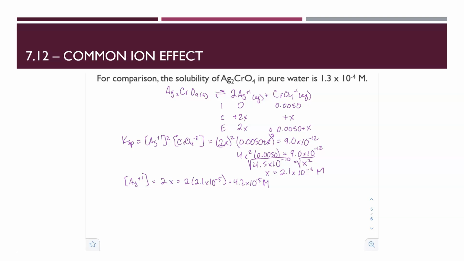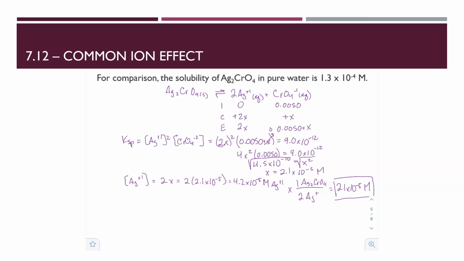And then my ratio of silver to silver chromate, so this is silver ion, and we know that there are 2 silver ions for every 1 silver chromate. So then I end up back at 2.1 times 10 to the negative fifth molar for my concentration of silver chromate. So that would be the solubility in the potassium chromate solution.